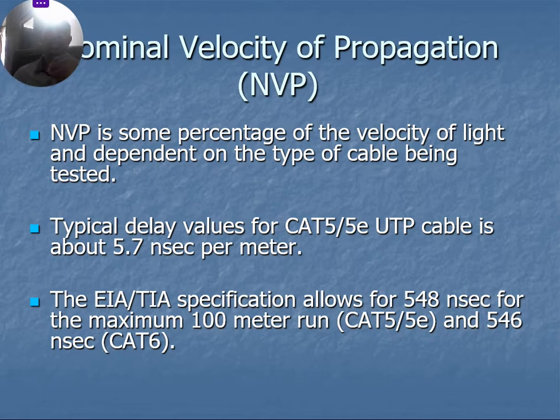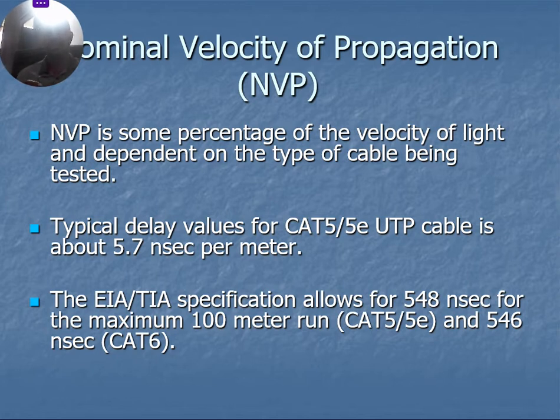Enhanced cabling like Cat 6 or 6A has a reduced nominal velocity of propagation compared to Cat 5 and 5E. Now typical delay values for Cat5, Cat5E UTP cable is about 5.7 nanoseconds per meter. So in 1 meter we have only 5.7 nanoseconds.